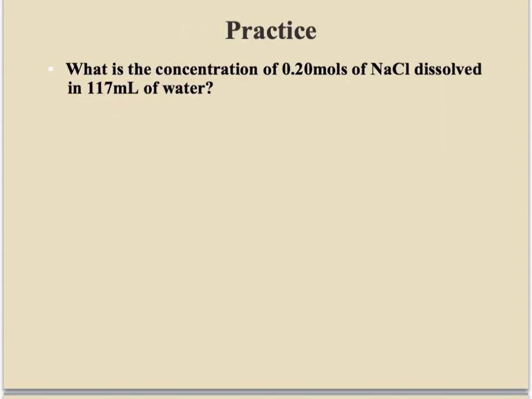Now it's time for some practice. So what is the concentration? And concentration is molarity. So what is the molarity of 0.2 moles of sodium chloride dissolved in 117 milliliters of water? So molarity, we've already said, is moles divided by liters. In the case of this question, we're given the moles.